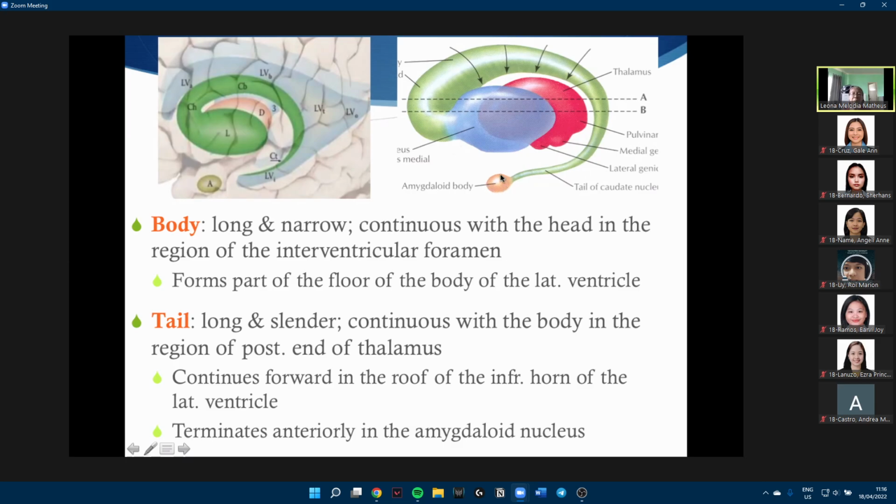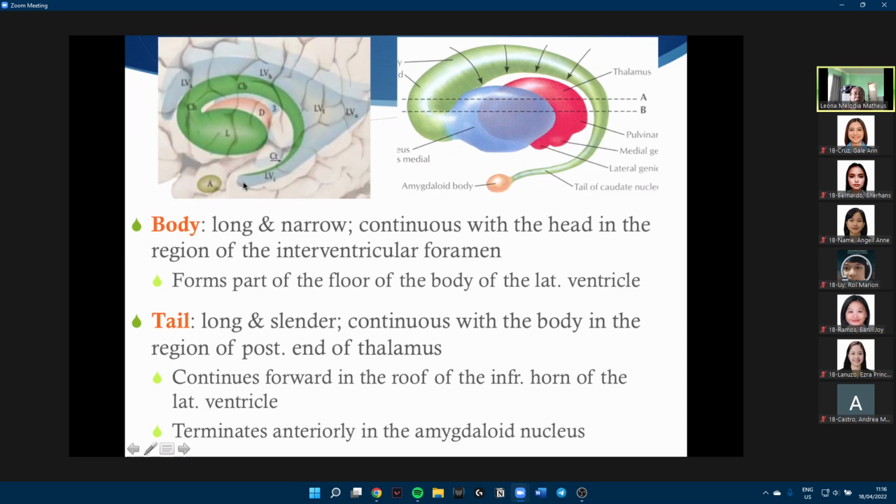Now, again, in relationship to the lateral ventricle, it is related to the inferior horn of the lateral ventricle, where it is now found at the roof, or above, the inferior horn of the lateral ventricle. So, it is above. Our tail is above the inferior horn of your lateral ventricle.